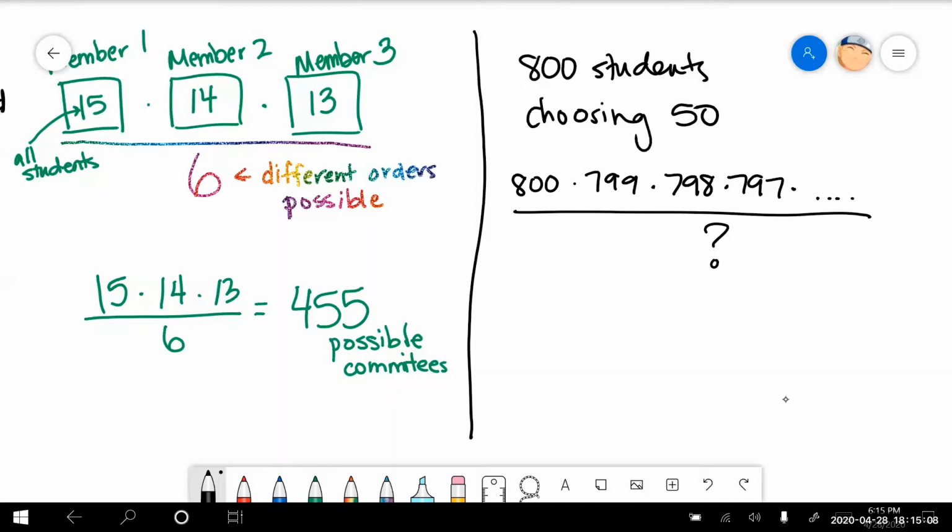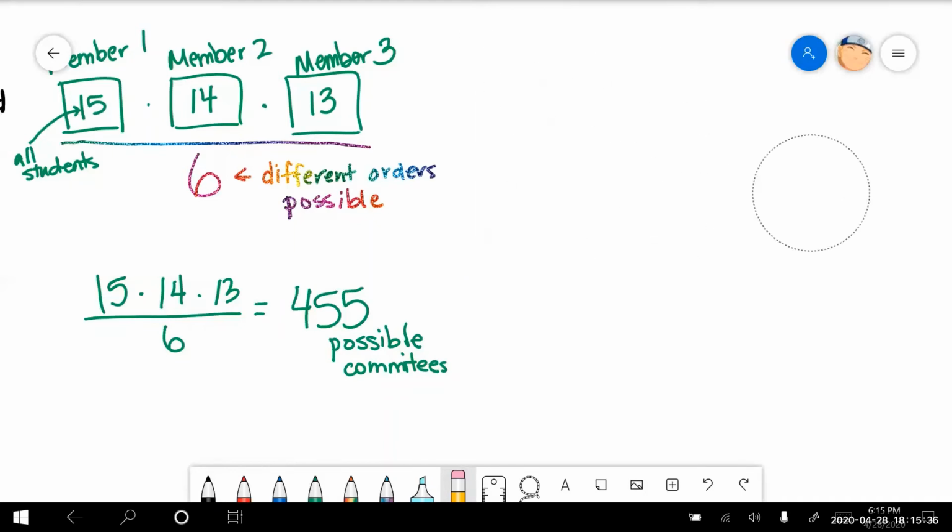I know some of us have a lot of extra time right now because of the quarantine, but I am not about to start a list of 50 students in all the possible arrangements. So it would be lovely if we could have some sort of formula, the way we did for permutations, to tackle these more complicated combinations. Let's see if we can create one together based off of the computer club problem.